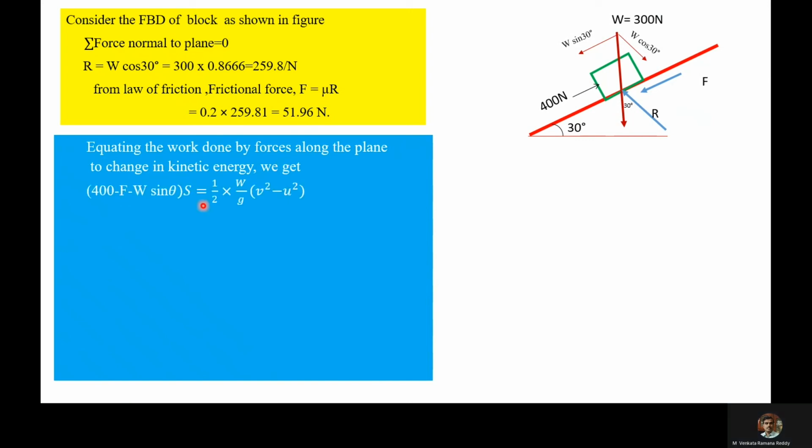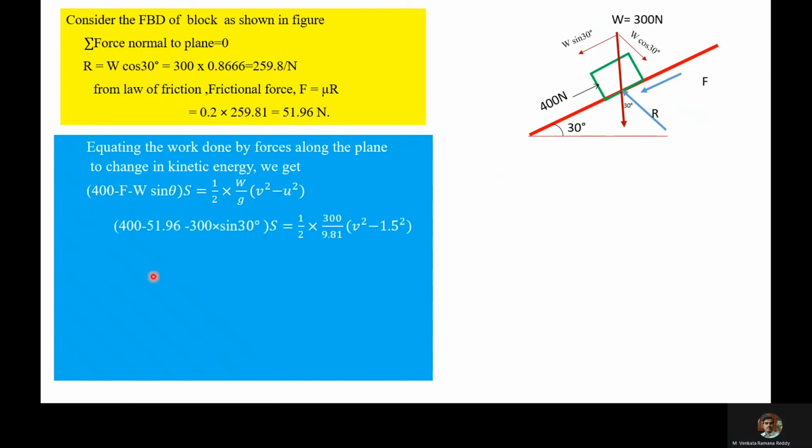Here, sigma F, the summation of the forces, is 400 newtons minus the frictional force F minus W sin theta, into S, which is given in the problem as 6 meters, is equal to half into W by g into V square minus U square. Substitute the F value, W value, theta value, S value and U value in this equation.